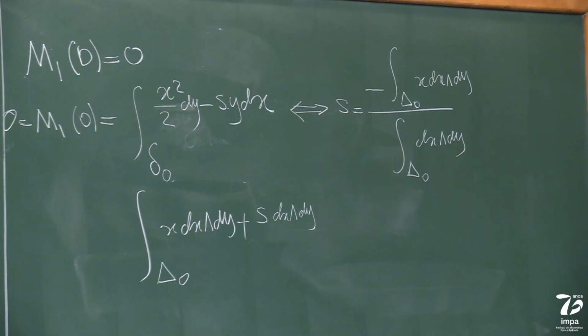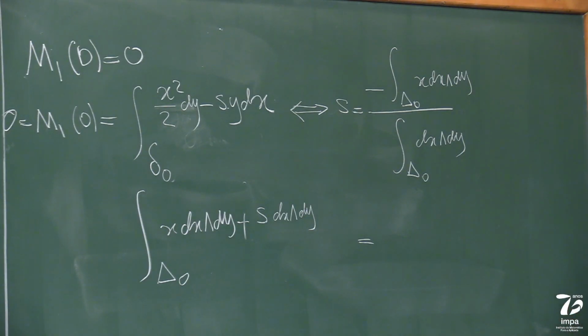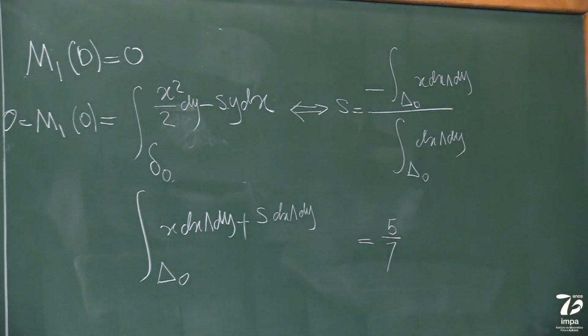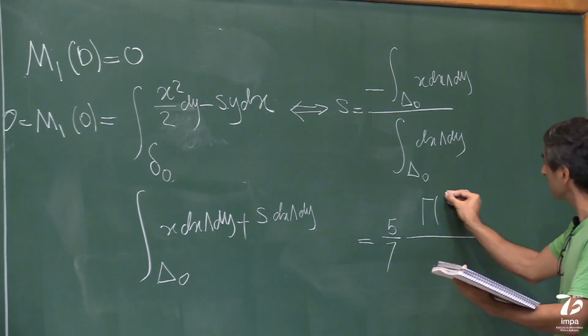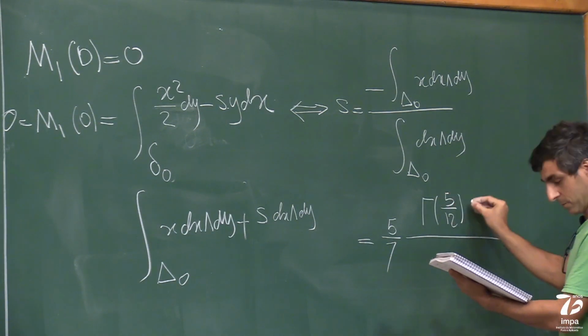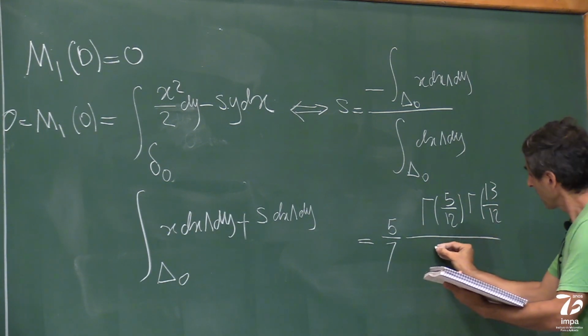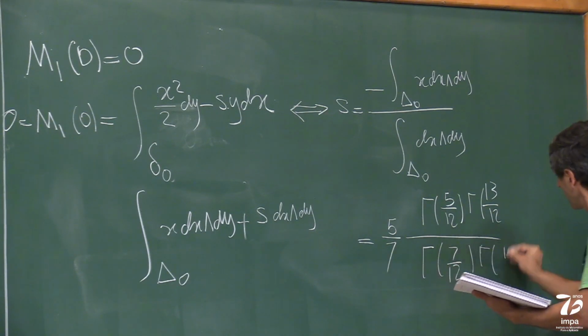And actually, this is an explicit number, and it is even computable. This has to do with the values of the gamma function. Let me write these things too: gamma 7/12, gamma 11/12.